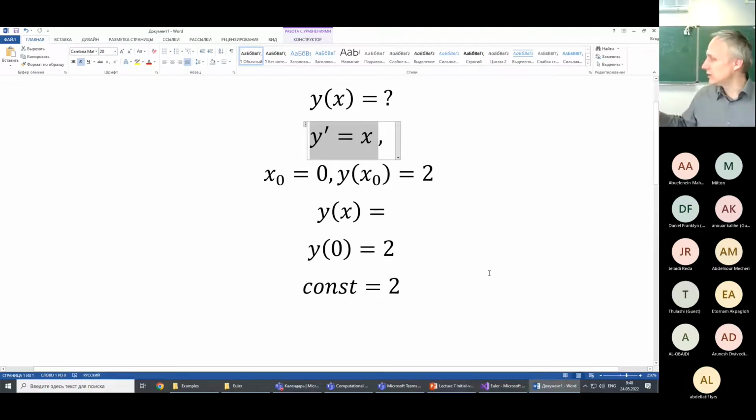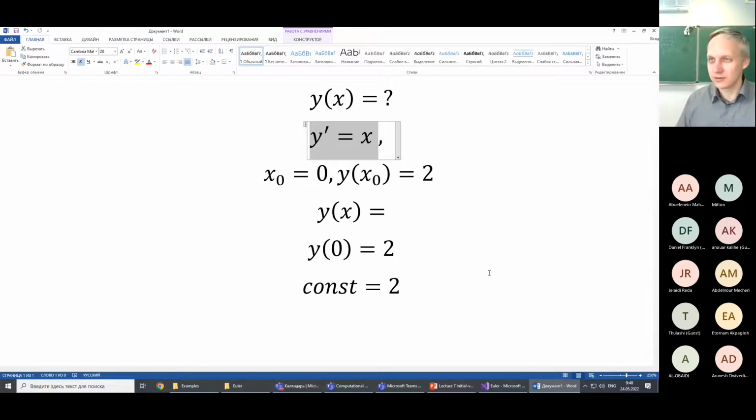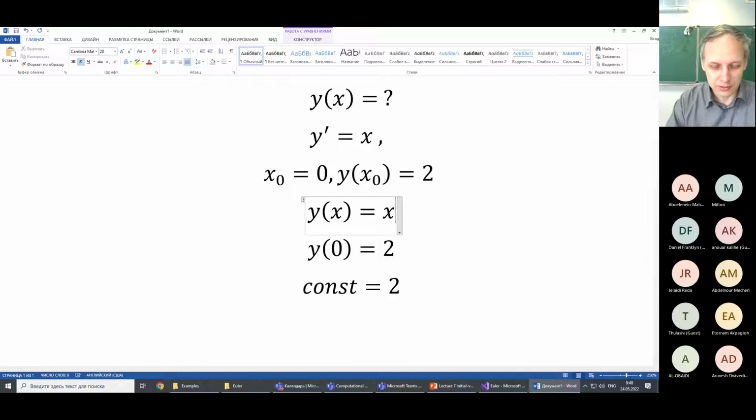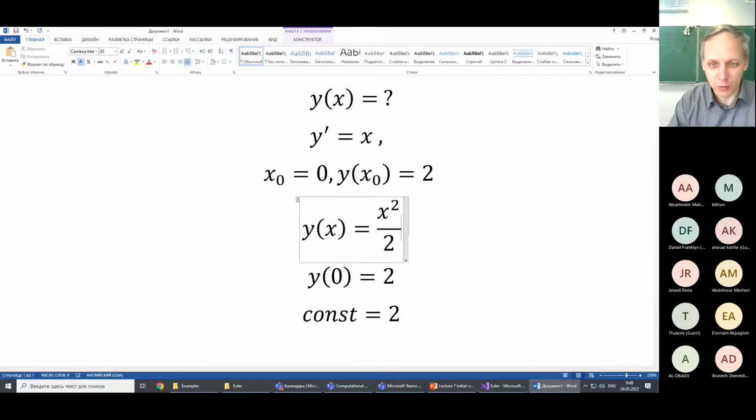X squared, you are on the right way, but x squared divided by 2. Very good. X squared over 2. So the answer is x squared over 2.